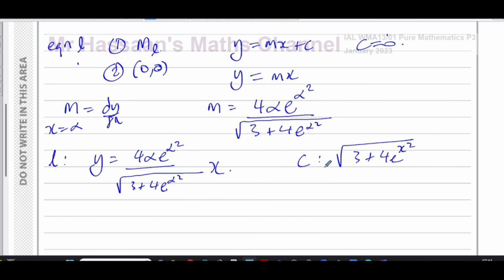Now, where do they intersect? That should say y equals, sorry. Where do they intersect? When we solve them simultaneously.